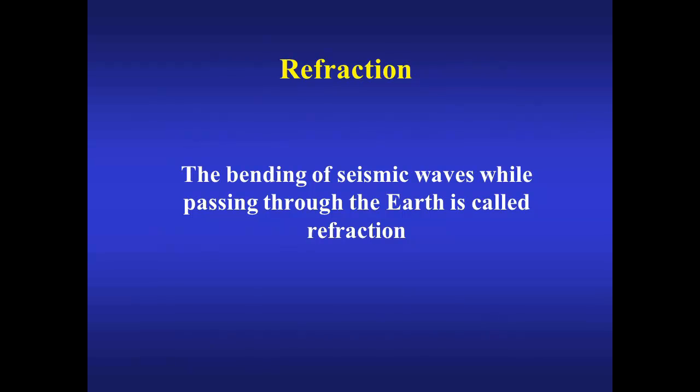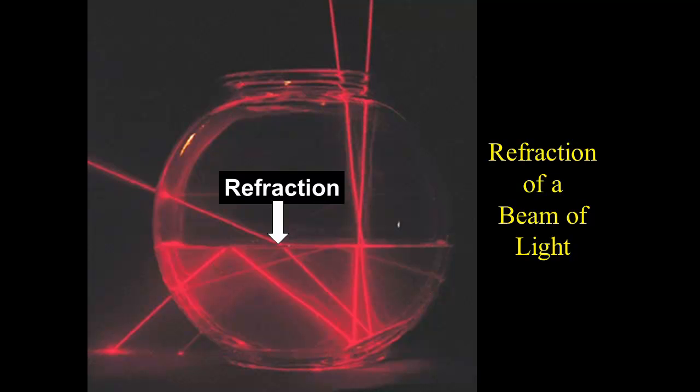The bending of seismic waves while passing through the Earth is referred to as refraction. Here, for an example, we have a fishbowl that's partly filled with water. And notice the path of one particular laser beam as it passes through the air within the upper part of the fishbowl and encounters the boundary between the air and the water.